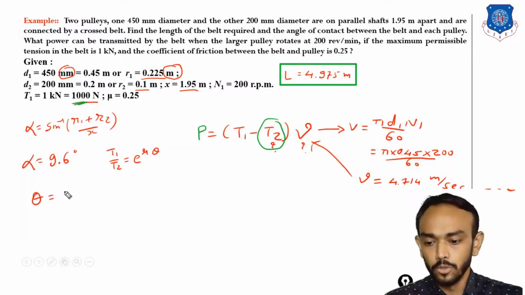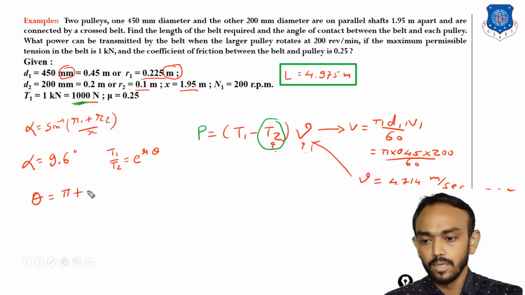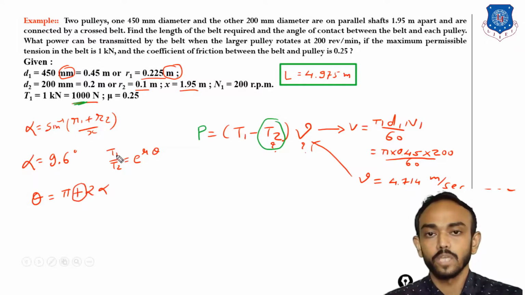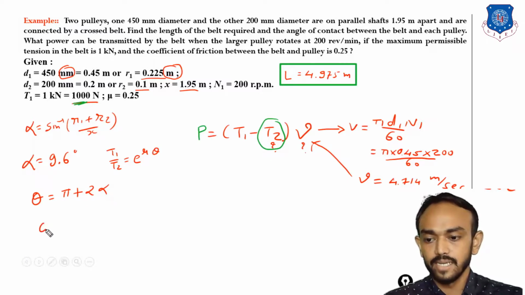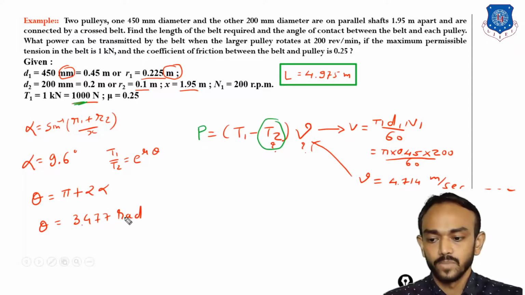Theta is equal to pi plus 2 alpha. Here plus is used because this is a cross belt drive. If this were an open belt drive, it would be pi minus 2 alpha. So pi plus 2 alpha, and you will find theta is equal to 3.477 radian.